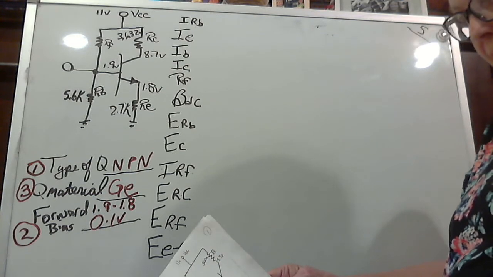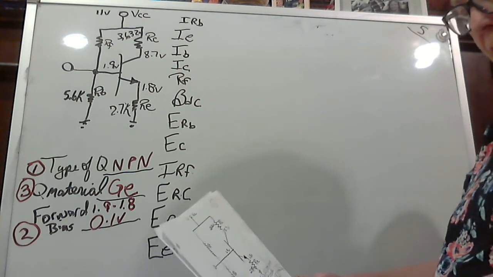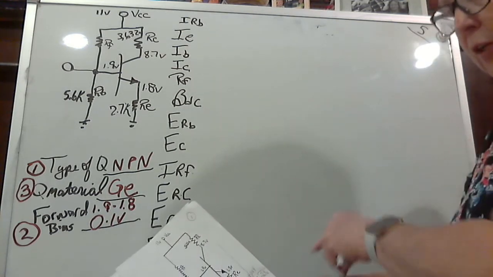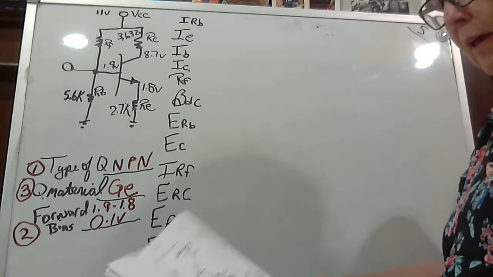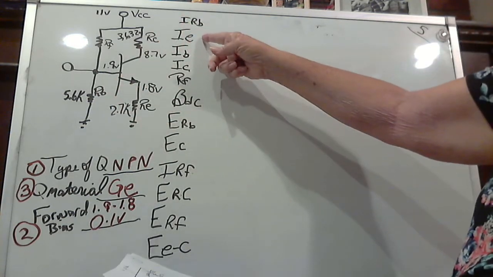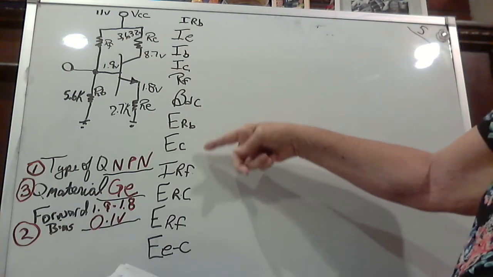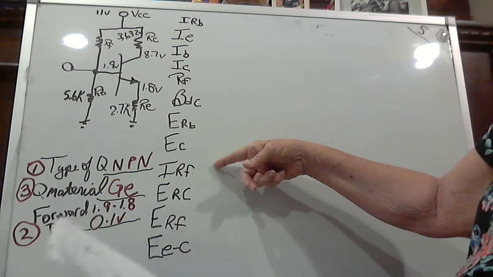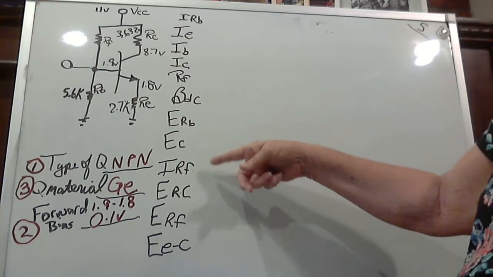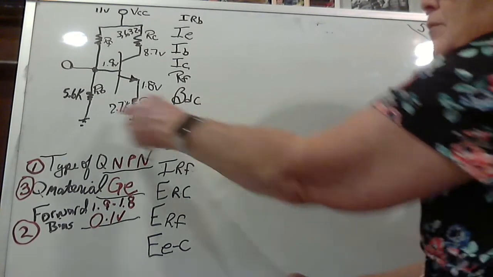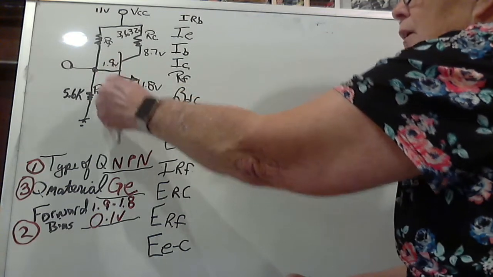Then I would start looking at it and try to determine what I have or what I don't have. When I look through this to figure out what I do and don't have, I know I don't have the IRB. It's not given to me, and this current's not. But if I come down here, I can actually see that the voltage across the base resistor is given to me here. This one right here is given because this is in parallel to it.